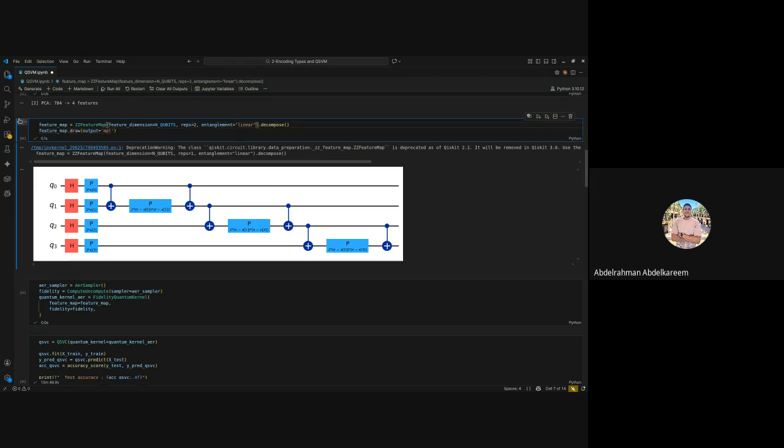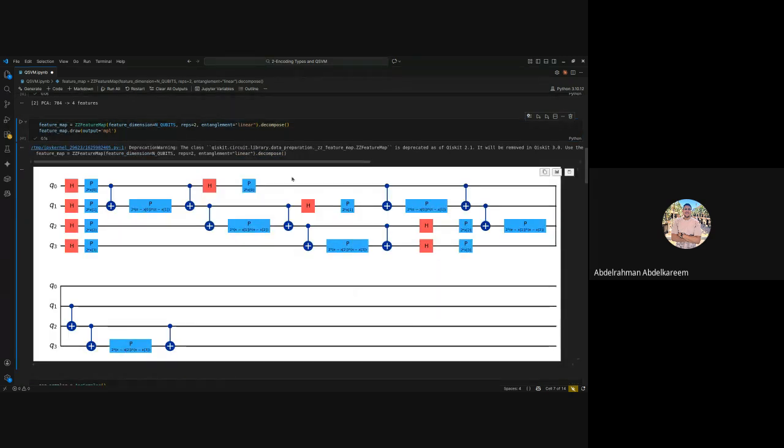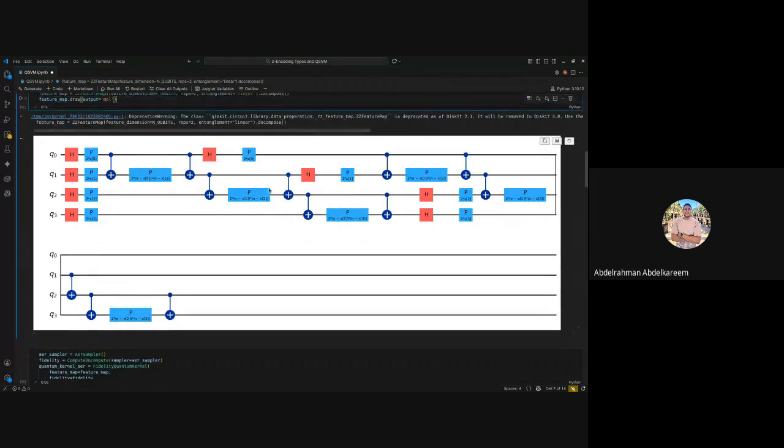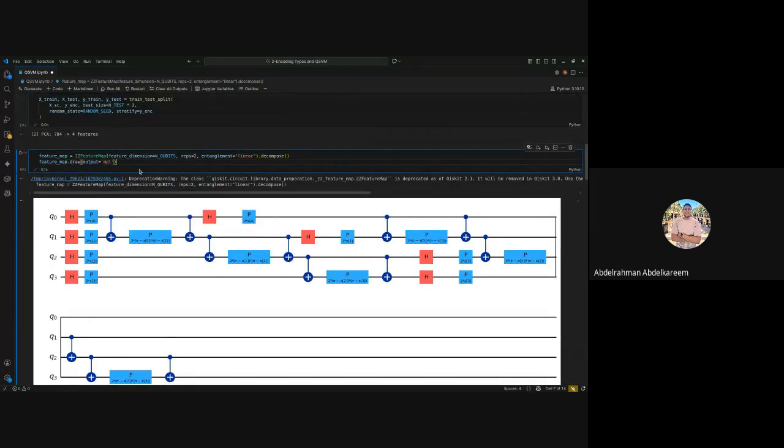Theoretically, it gives a higher expressibility of the data, but in practicality, on real hardware, it uses many gates, so it gives a higher error rate. So it's not an advantage on real hardware, but theoretically, if you're working in simulators, it gives better results. So I have tried it; it didn't work for me. Okay, yeah.